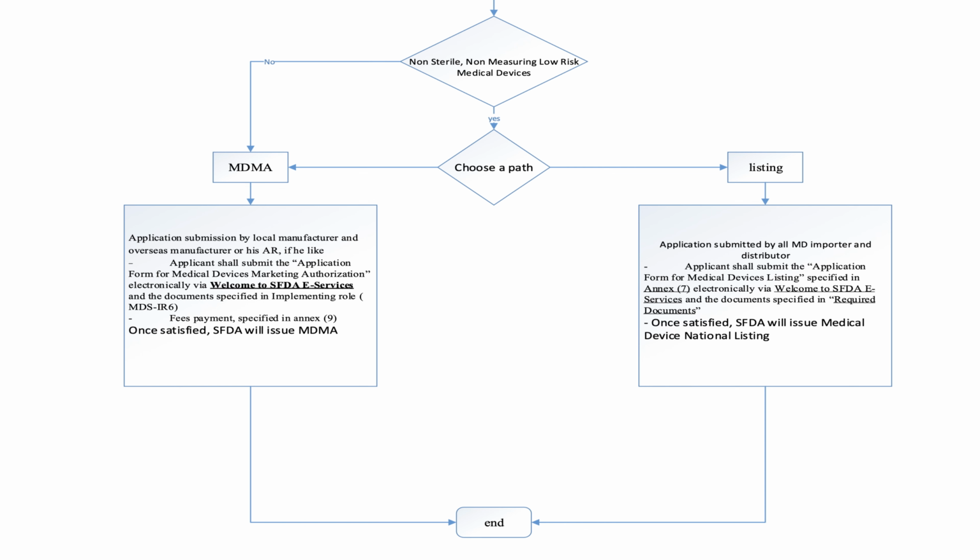The applicant shall submit the application form for medical device listing specified in Annex 7 electronically via the SFDA e-services, along with the documents specified in the required documents. The moment the technical committee of the SFDA reviews all the uploaded documents, they will issue a medical device national listing, and then you can successfully place your product into the territory of Saudi Arabia, my friends.